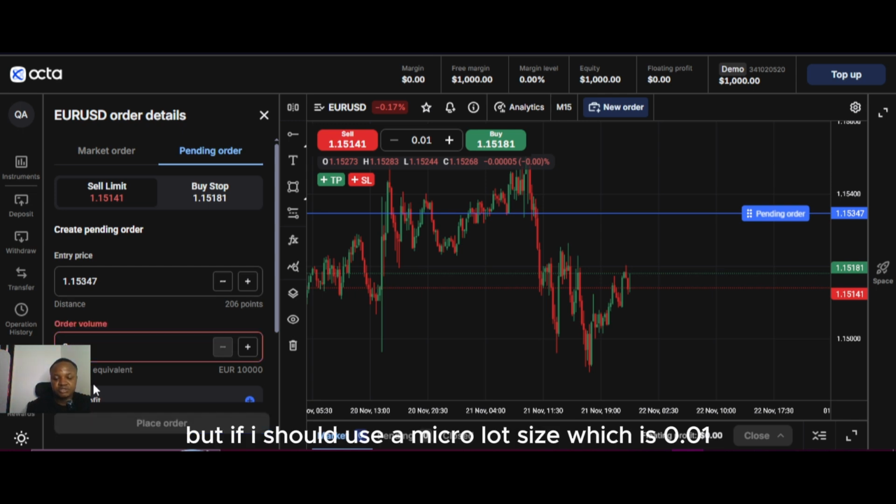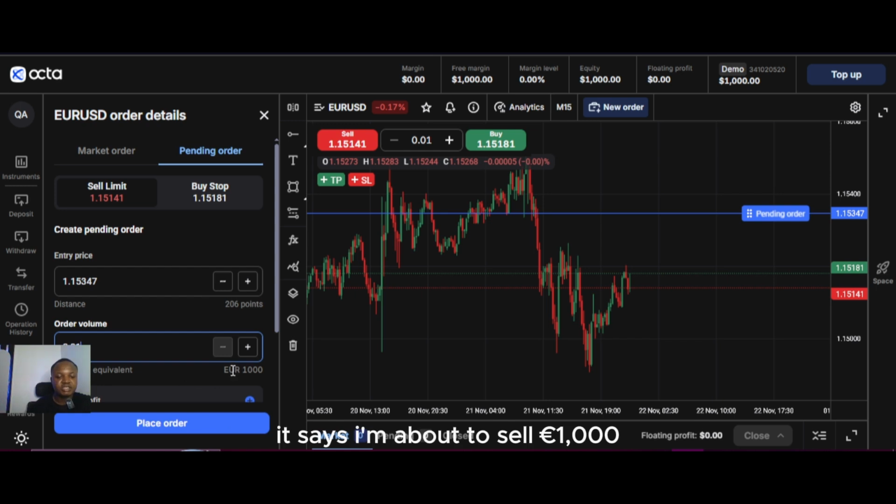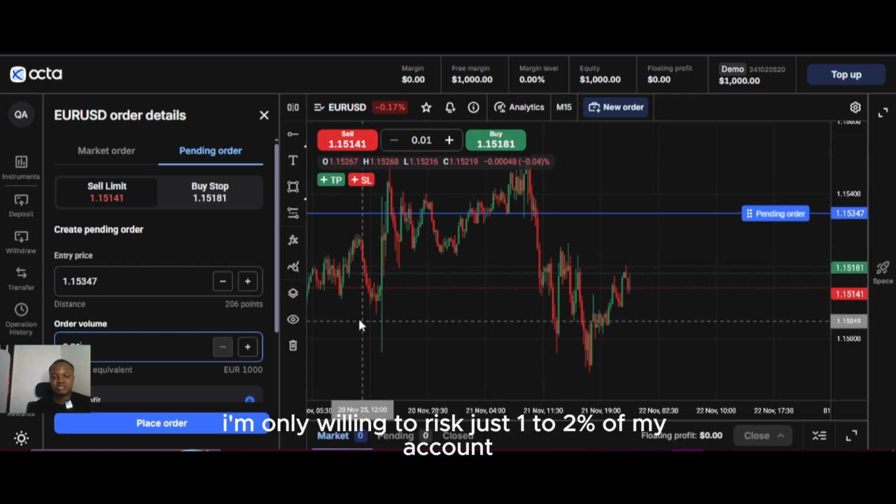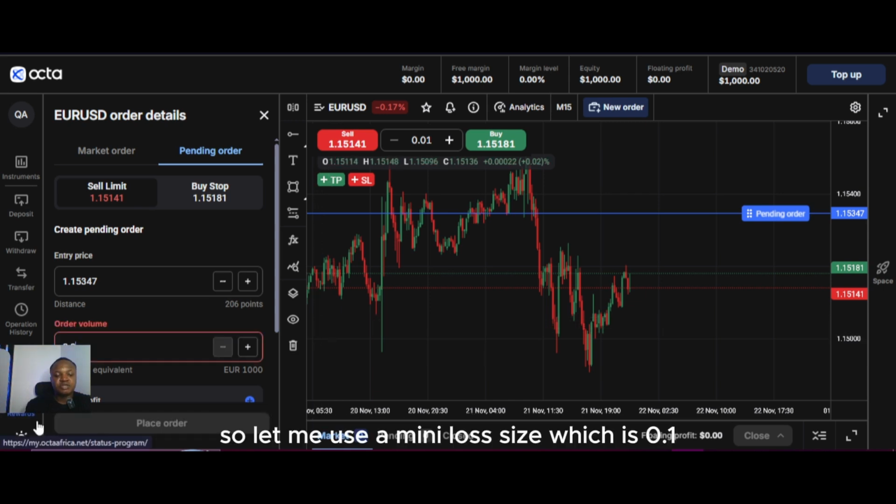But if I use a micro lot size, which is 0.01, it says I'm about to sell 1,000 euros. Now, for this $1,000 account, I'm only willing to risk just 1 to 2% of my account. So let me use a mini lot size, which is 0.1.